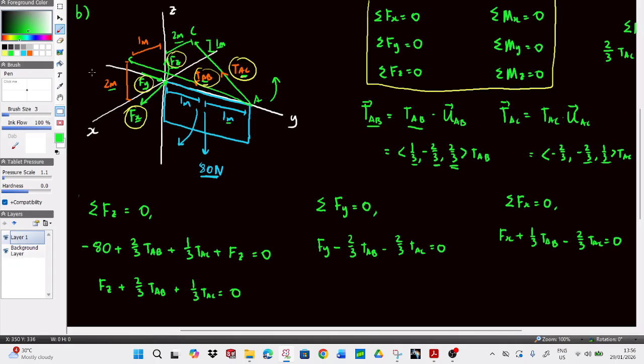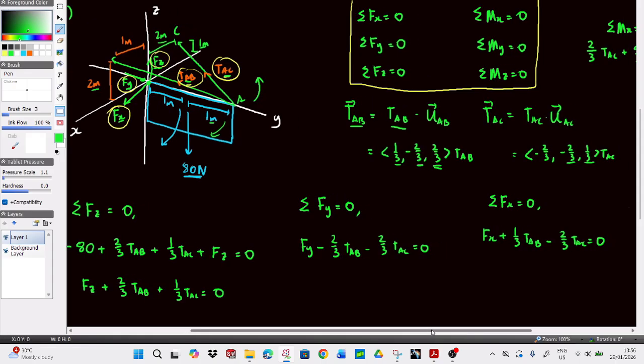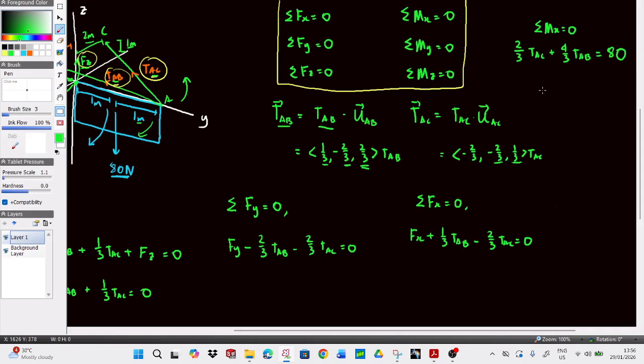So the x component of the cable itself can rotate along the z-axis in a clockwise direction. So we're going to consider Mz as well. Basically our moment equation is Mz equals 0.